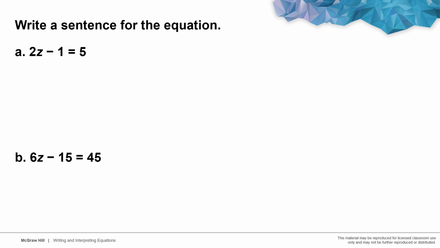So I'm just going to write 2. And whenever we're writing these, we want to write out the numbers. So don't write 2, write the word two. And then we're doing 2 times Z. All right, our next part, we have our minus 1. So we could write minus 1. How else can we write that?